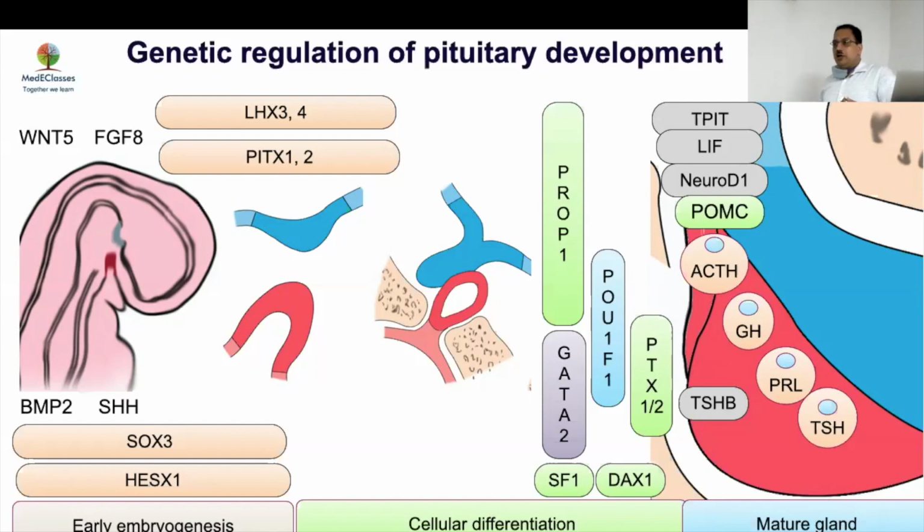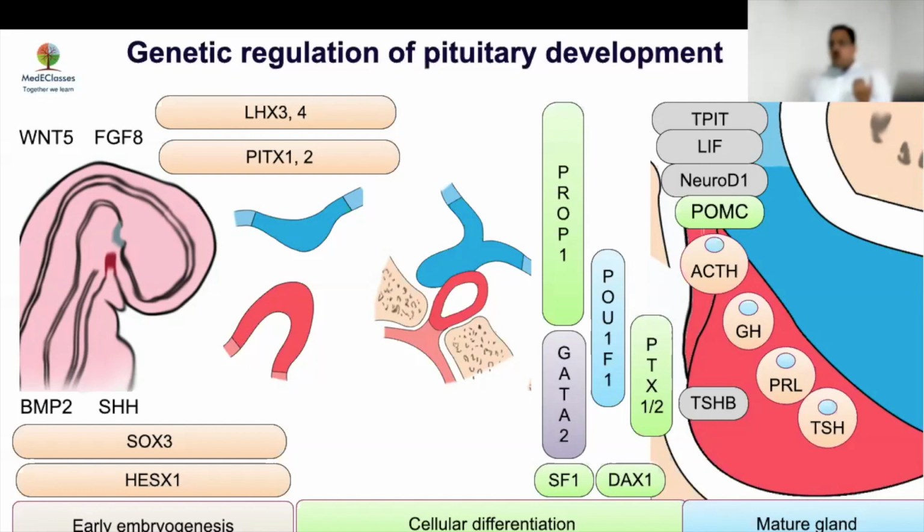So if you have somebody who has a long-standing GHD, TSH deficiency, gonadotrophin deficiency, now develops features suggestive of ACTH deficiency, you do an MRI and you find an enlarged pituitary. Before you rush to a sellar mass or a suprasellar mass, think of a Prop1 defect, which may be a transient cause of these abnormalities.